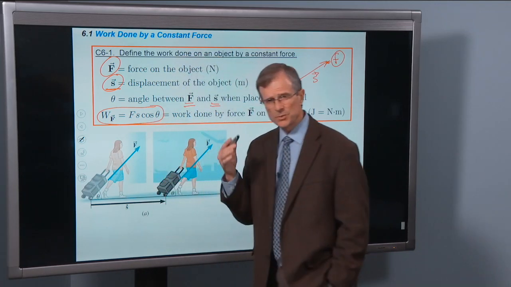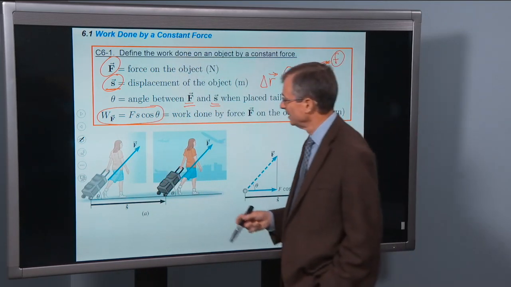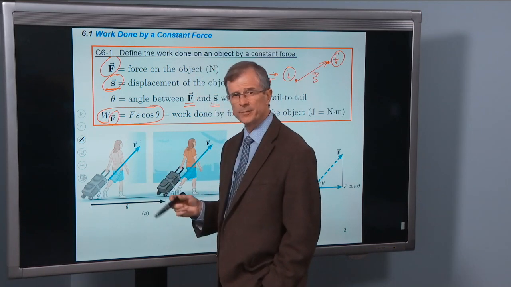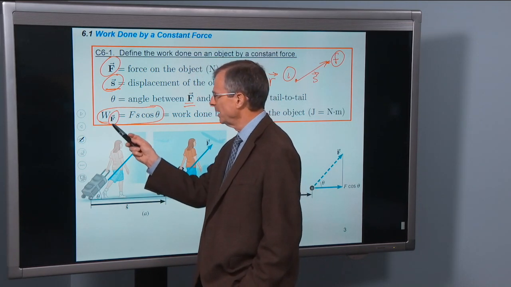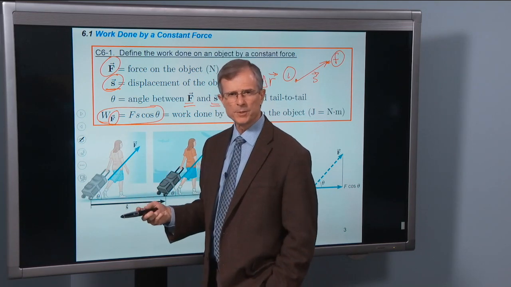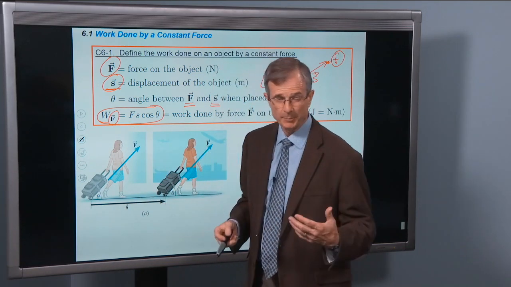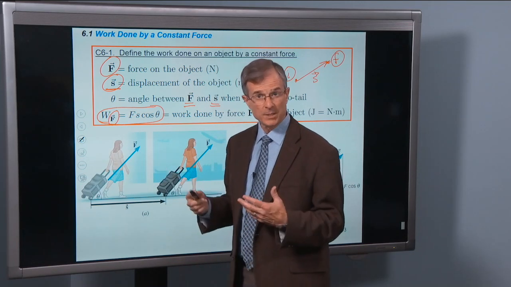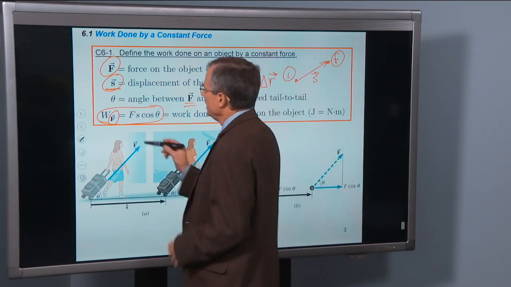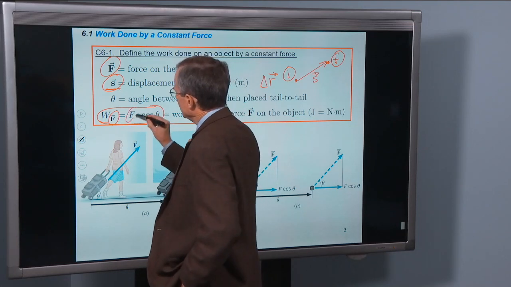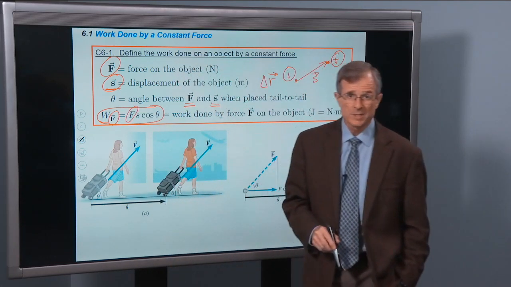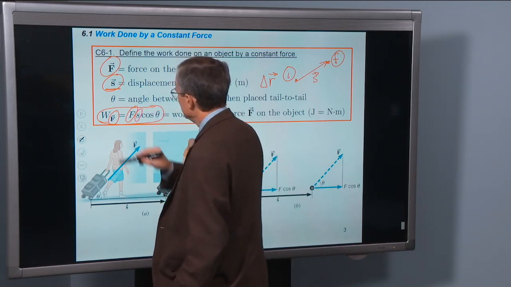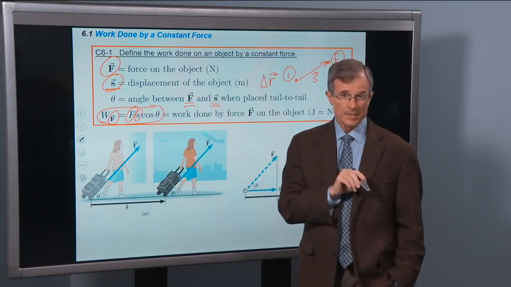And that's the essential piece of this concept. The work done by some force F, and we'll substitute for this subscript the force that we're interested in future examples in this chapter, the normal force, mg for gravity, etc. That work done is the magnitude of the force F, whatever that is, times the magnitude of the displacement.